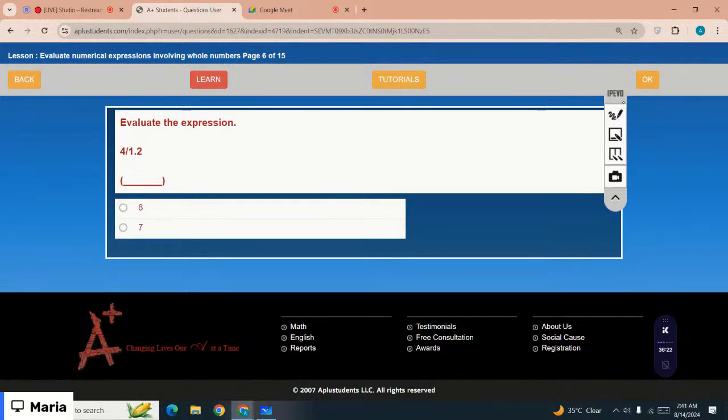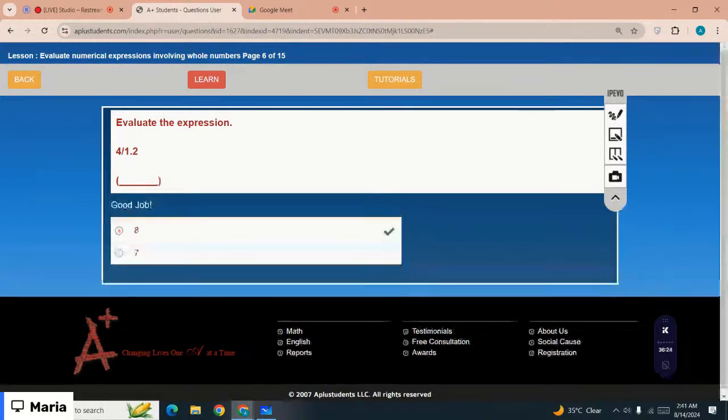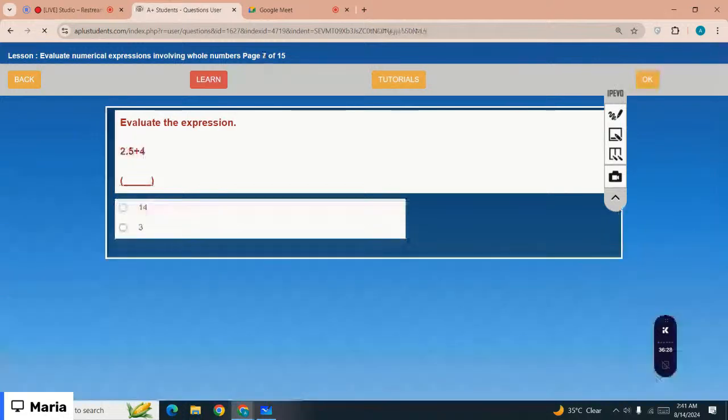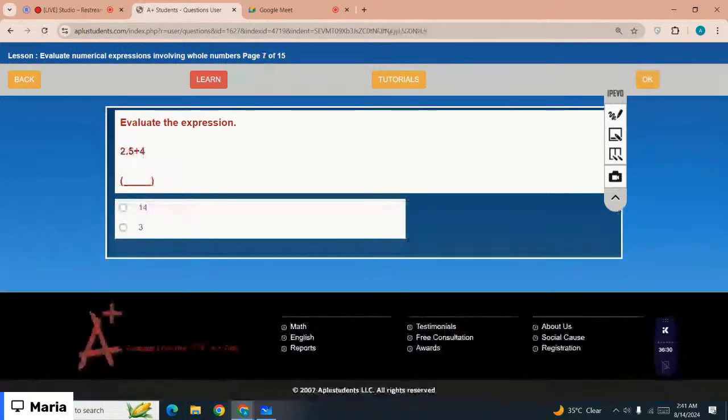Option number 1 is the correct option. Two times 5 plus 4. So which is the correct option?